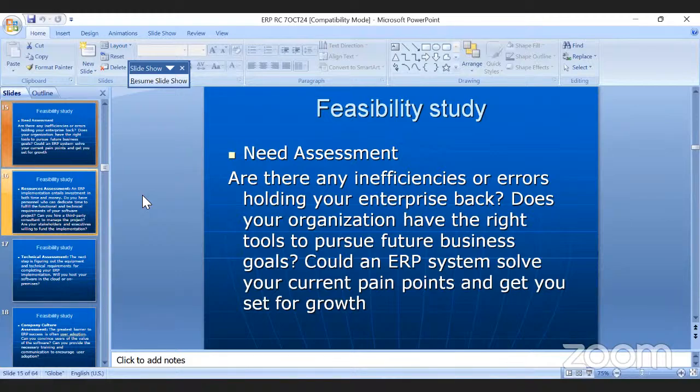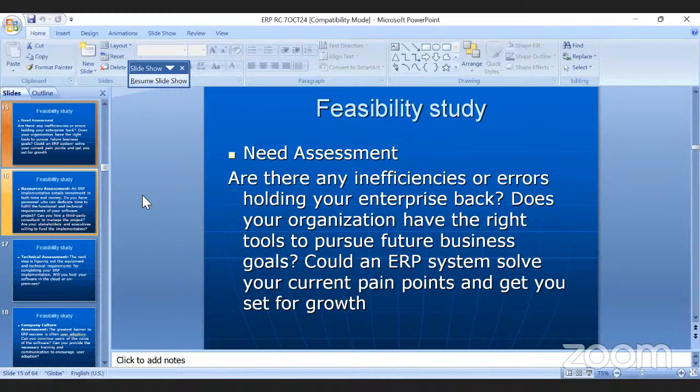So you have to see what the problem is with our organization. We are not delivering to our customers in time. There is a large time taken from order to delivery. People are switching to other companies. Maybe our supply chain management is not proper. There is no proper tracking of logistics information.